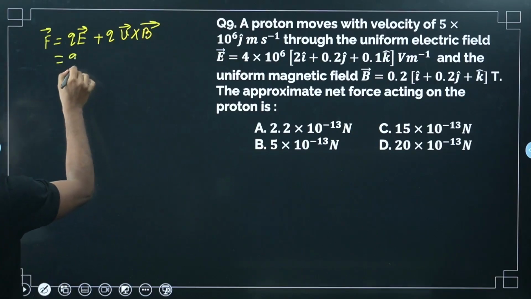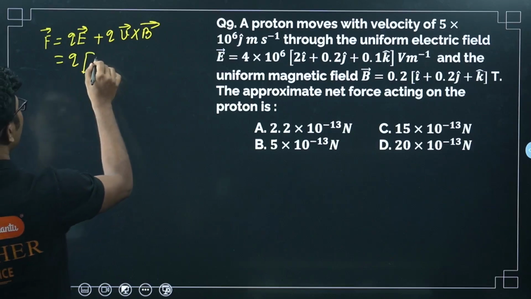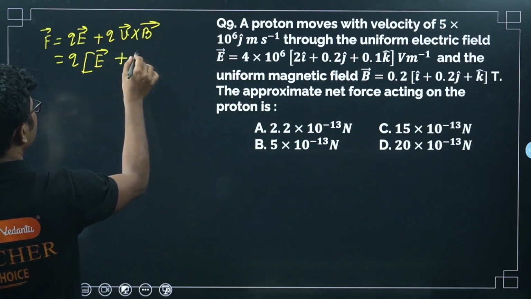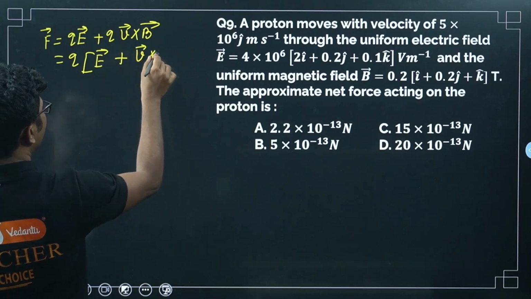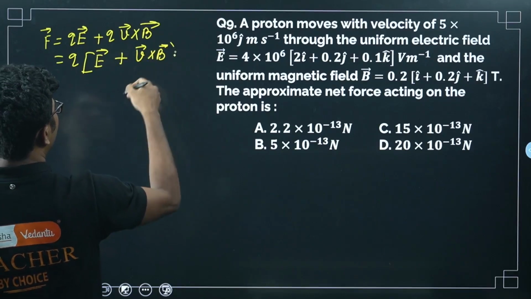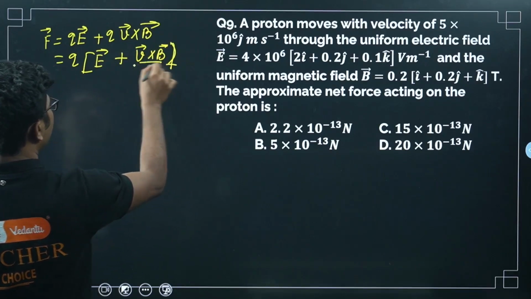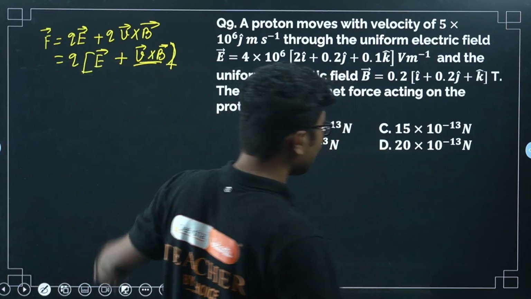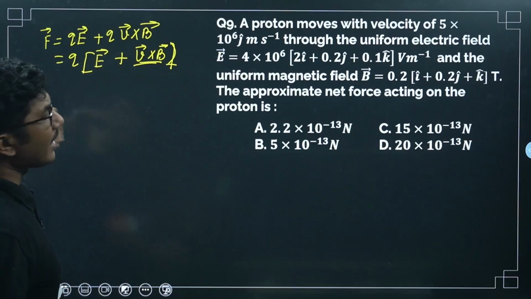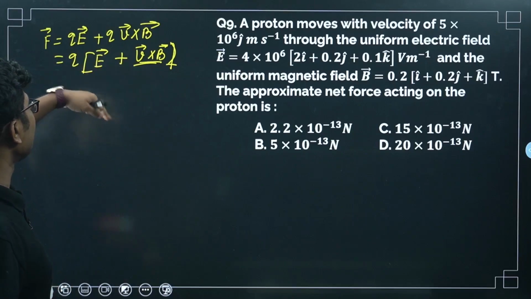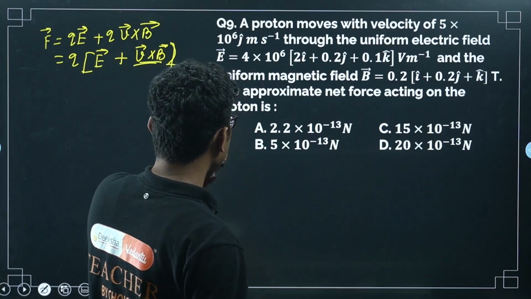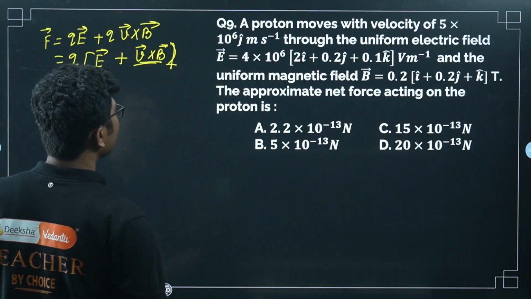So what we will do, we will take the Q common first, and we will try to calculate E plus V cross B. Now which term we have to calculate first? Obviously first term we have to calculate V cross B, right? If you calculate V cross B, then we can vectorially add it with E and then find the magnitude. Once the magnitude is done, then we can multiply it with the charge of the proton, right? So first we have to calculate the V cross B.